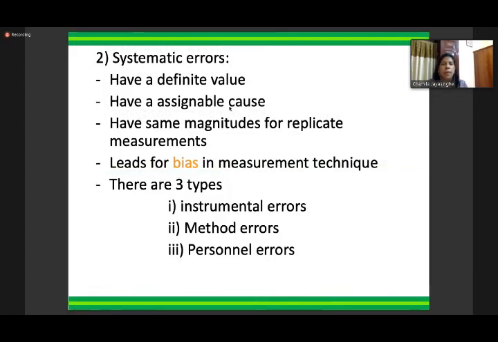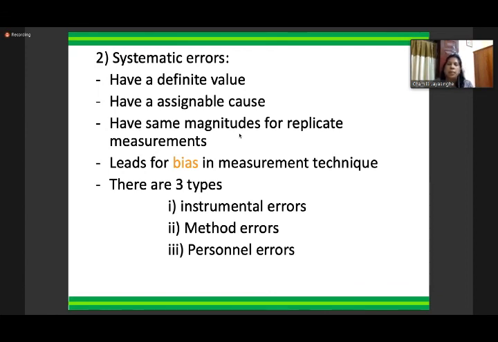Systematic error has a definite value, has an assignable cause. So for systematic error there is a definite value, and also an assignable cause. So we can understand what would be the cause. It has the same magnitude for replicate measurements. So when we do replicate measurements, if we know the true value, the same magnitude of error is there every time we take replicate measurements.